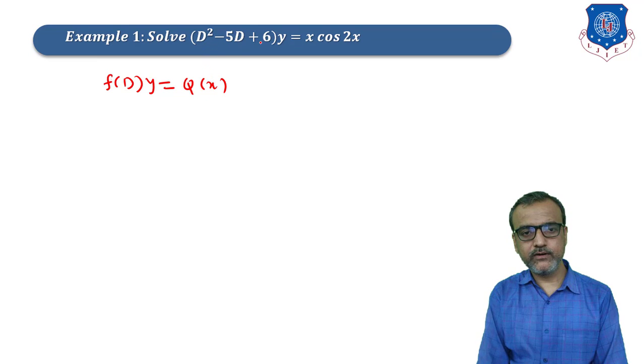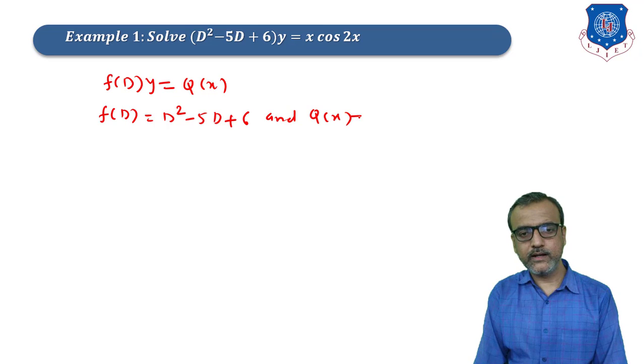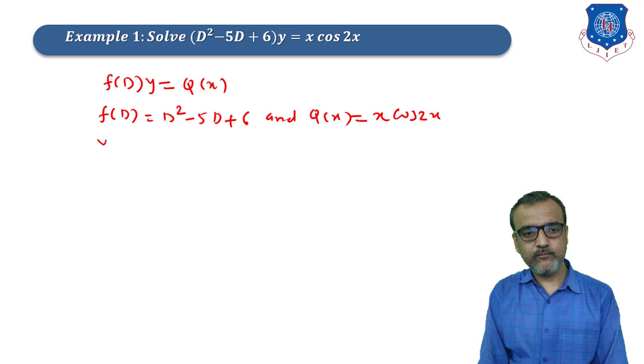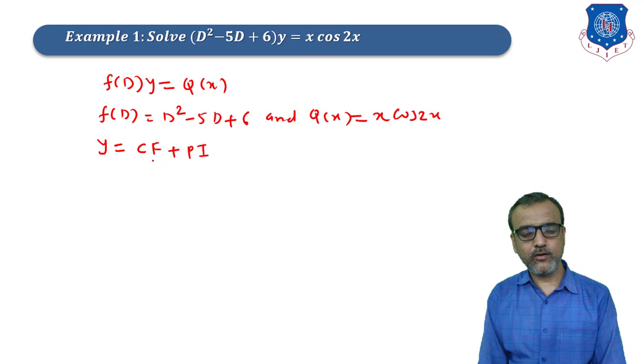If we compare the given differential equation with f of D y equals Q of x, we have f of D equals D square minus 5D plus 6 and Q of x equals x into cos 2x. And its solution is given by the formula y equals CF plus PI, where CF is the complementary function and PI is the particular integral.